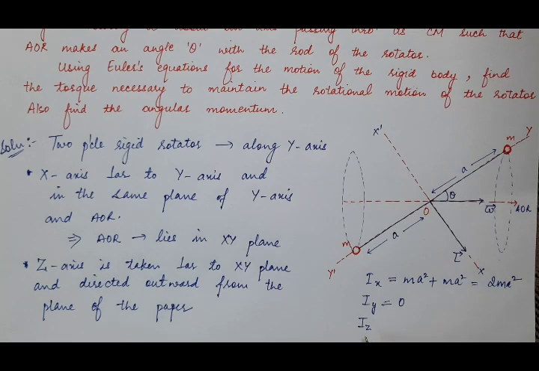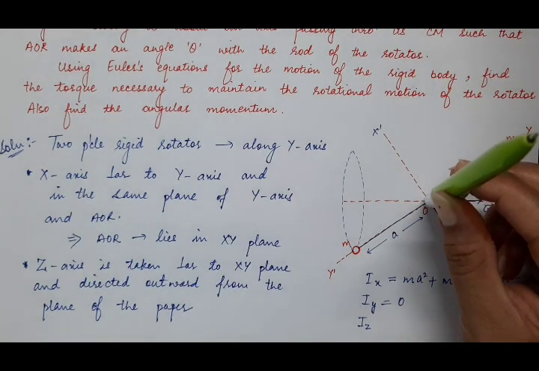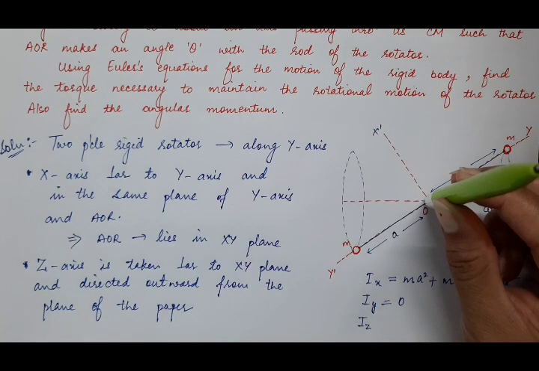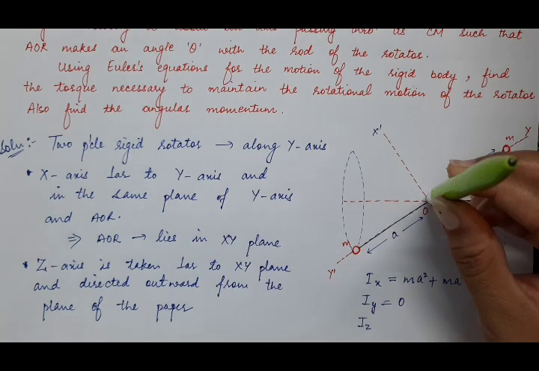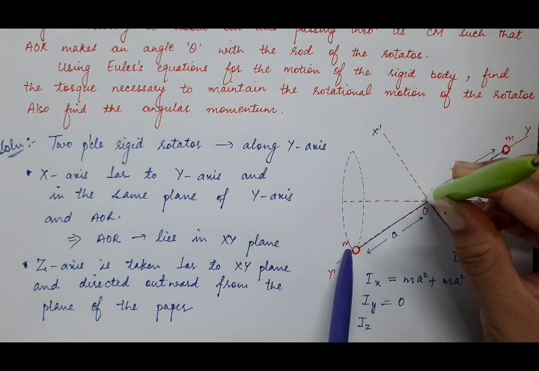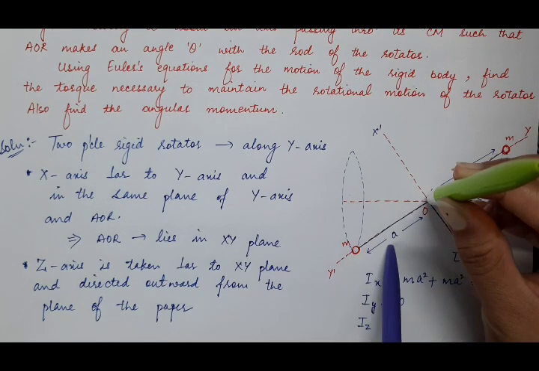Then what about the principal moment of inertia about the z-axis? This is the z-axis, perpendicular to the xy plane. So again it will be m1r1 square plus m2r2 square and so on. Here you can see this m1 is equal to m, and what is the perpendicular distance of this mass from the z-axis? It is a.